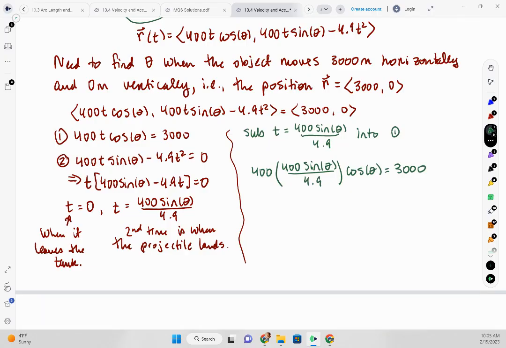Now I'm going to keep my sine and cosine on the left-hand side and move everything else over. So I get sine of theta cosine of theta is equal to 4.9 times 3,000 over 160,000, a big number.